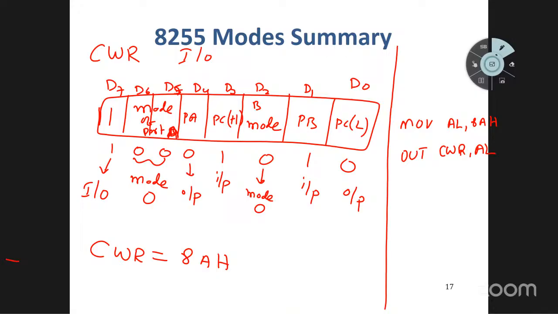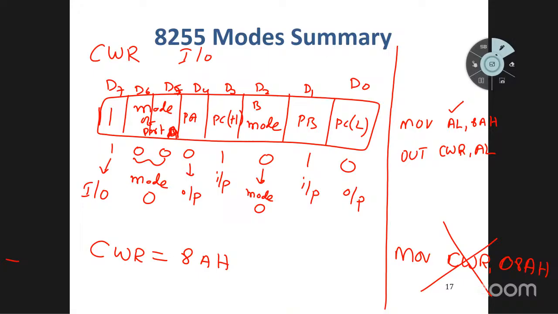The content in AL goes to the external device register, the CWR. If you want to send any data to any external device, that is a PPI or any other, it can only be done using the AL accumulator.